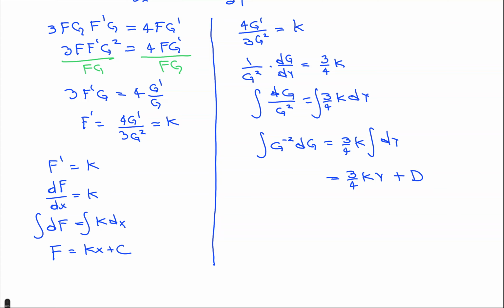And then the integral of g to the negative 2 is negative g to the negative 1. In this case, we're not getting a natural log like we were getting in other PDEs, so this time we got something else. Let me clear the negative exponent. That's going to leave us with negative 1 over g equals 3 over 4 k y plus d.